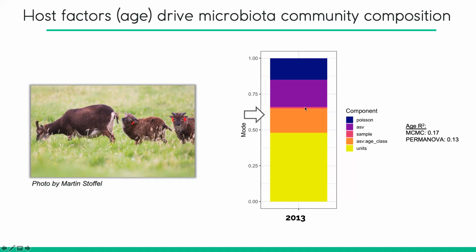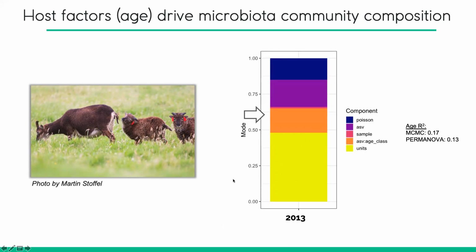We have a very small effective sample, so the read depth is quite good across the samples. But what we care about here, in orange, indicates that the effect of age on the composition explains 17% of the variation in the data, which is quite a lot, considering that most of these types of data sets have a lot of residual variance, as we can see below here in yellow.